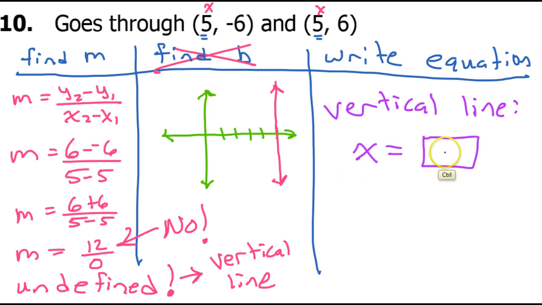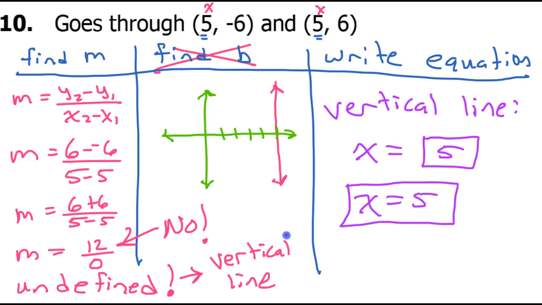Okay, that's it. x equals something. How do I know what the number is? Well, just look at the x value. I have 5 and 5. So guess what? x equals 5 is the equation. So that's it.